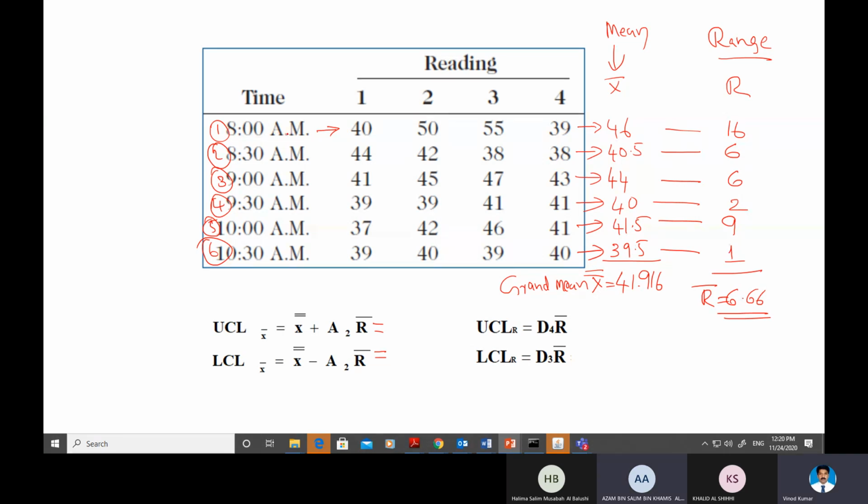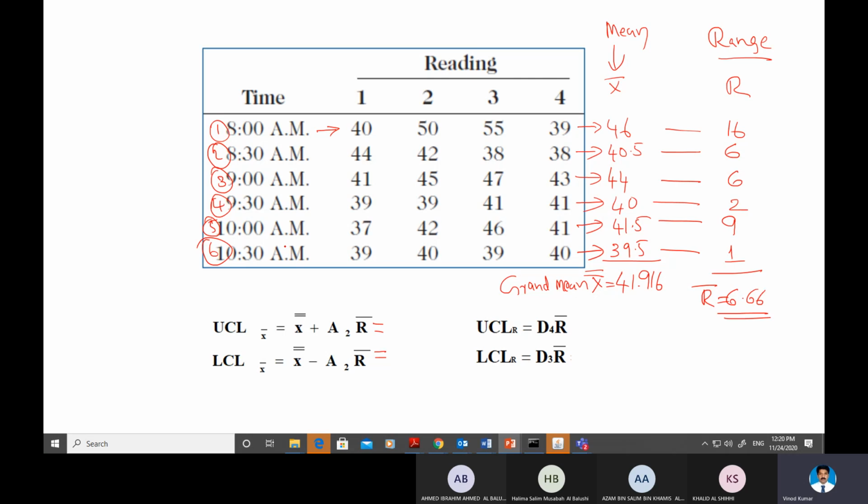First sample at 8 a.m., how many readings? 4. Second one at 8:30, 4. Third sample at 9, 4 readings. 9:30, 4 readings. So total 6 samples.